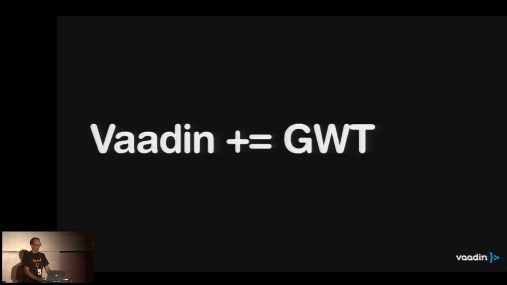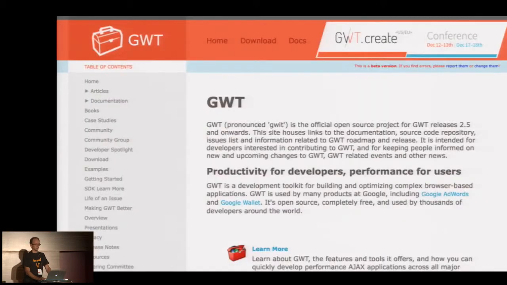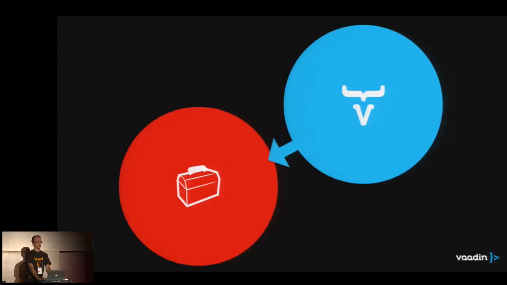So before going further, let me just say a few words about Vaadin and Vaadin's relation to GWT. GWT is probably familiar to most of you. The conference, it's up there. That's where we are. But what's Vaadin's relationship to GWT? Previously, Vaadin was using GWT to implement widgets on the client side.